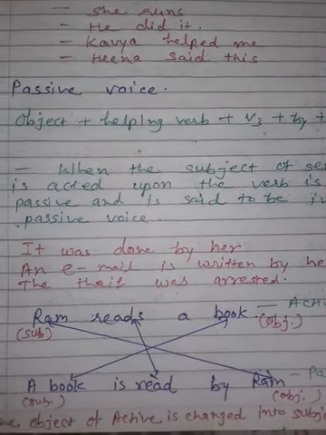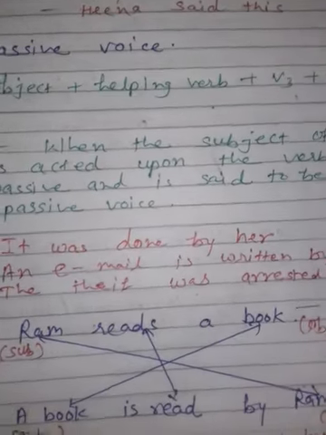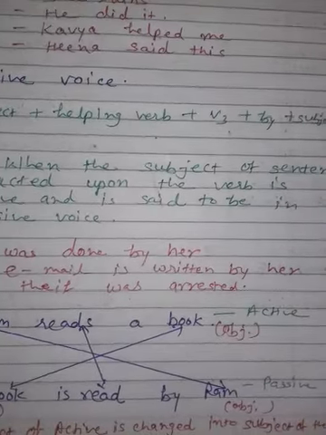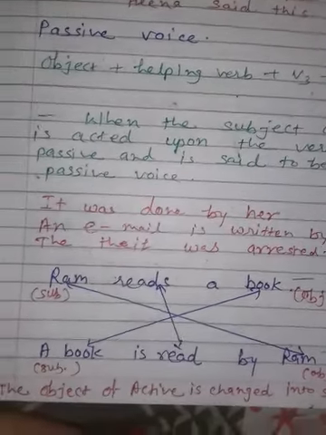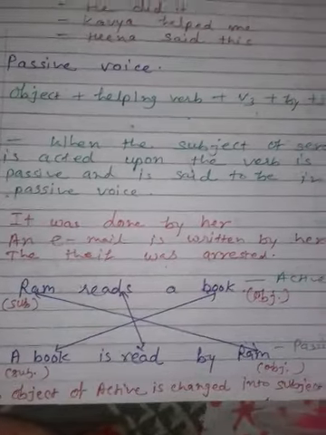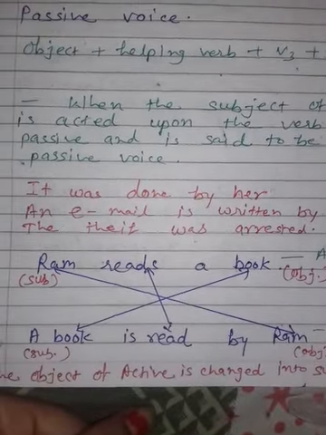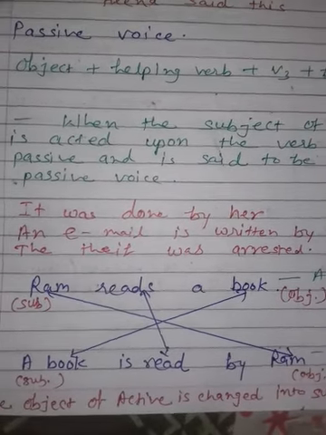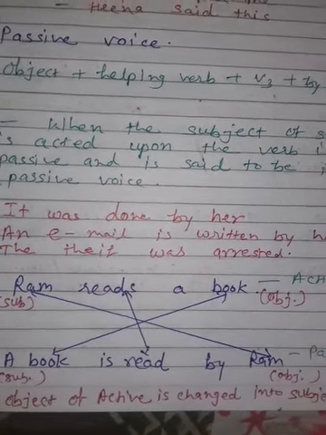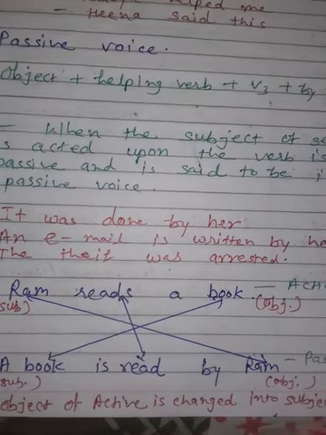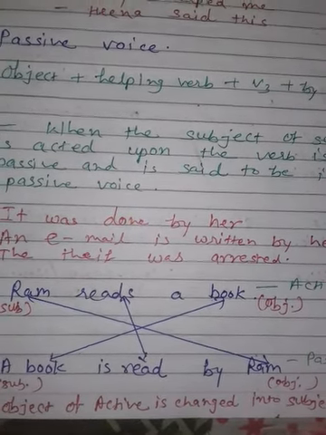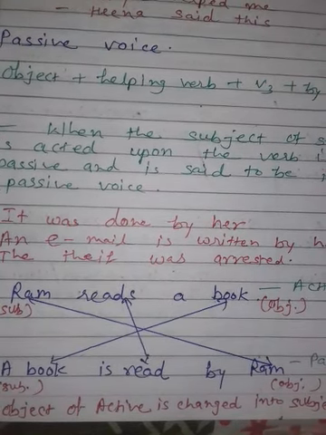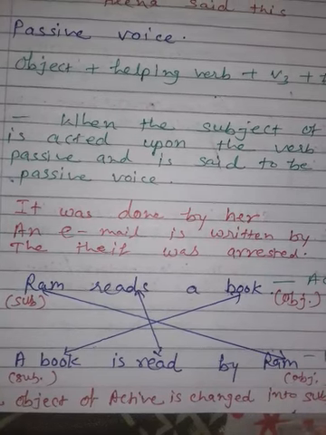Now you can see the example. Ram reads a book is a sentence of active voice and it changes into passive: A book is read by Ram. Here you can see the subject of active voice becomes the object of passive voice and the object of active voice becomes the subject of passive voice.